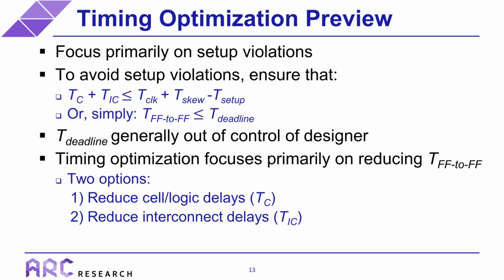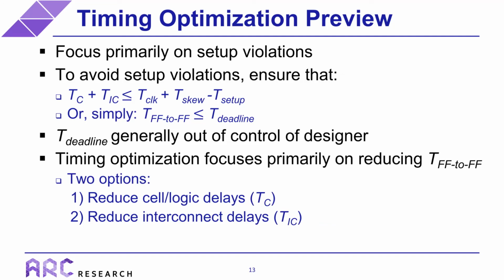So now that we know the goal, how do we go about achieving it? Well, first, it's important to realize that the deadline is generally out of the control of the designer. So once you have decided on a clock constraint, this deadline is determined by things almost entirely out of your control. Now, you might be able to affect the skew with super low-level optimizations, but that is not commonly done.